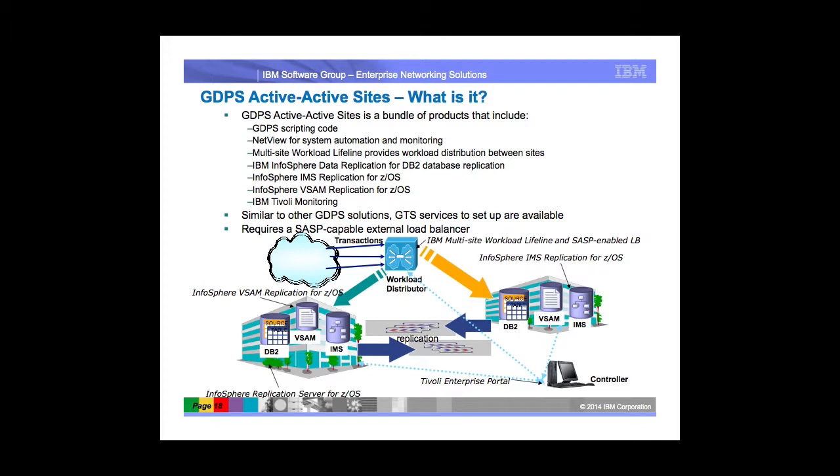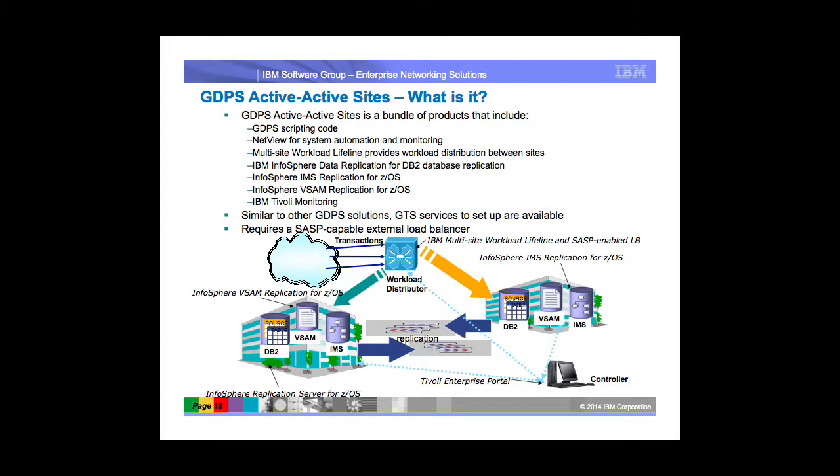So Lifeline can be and is sold on its own independently and also as part of our GDPS solution. If you have heard about GDPS active-active, Lifeline is the core component that makes that work. But it only depends on a very few components. It is not dependent on the GDPS solution or the full suite. It requires disk-based replication, so QRep, for instance, if you're using DB2.